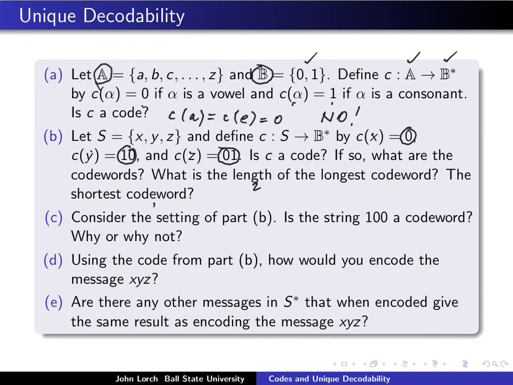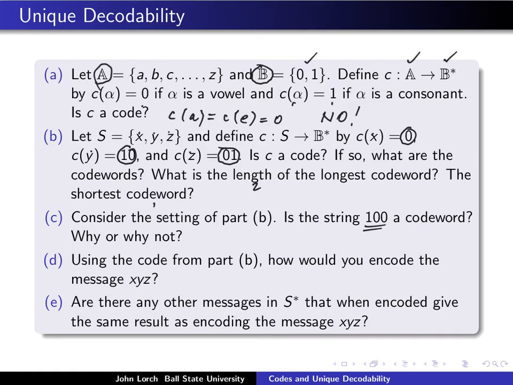So now we move on to part C, where we're looking at the very same code that was described in part B, and the question is, is the string 100 a code word? And the answer is no, because remember, a code word is the image of a single element of the domain alphabet. So here the domain alphabet is just X, Y, and Z. It's not combinations of X's and Y's and Z's.